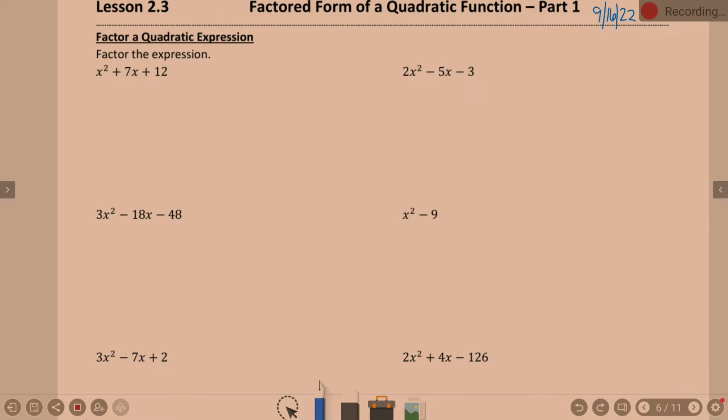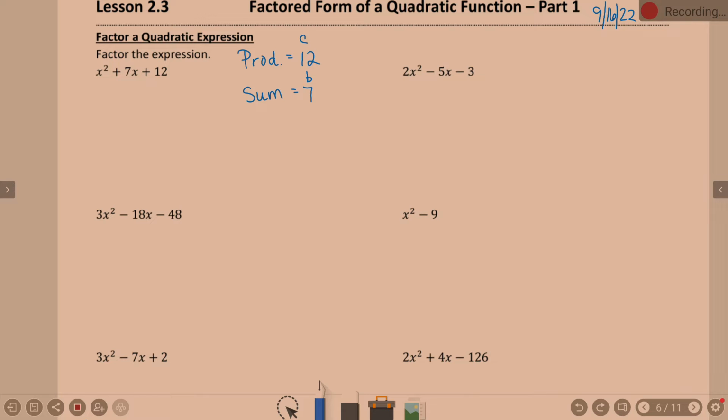We want two numbers that give me a product of the C value. What's my C value? 12. And I want the same two numbers to give me a sum of the B term. What's in the B position? 7. So it'll always be product of the last number, sum of the middle number.